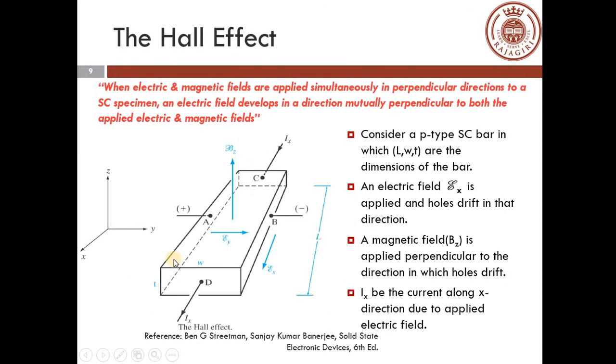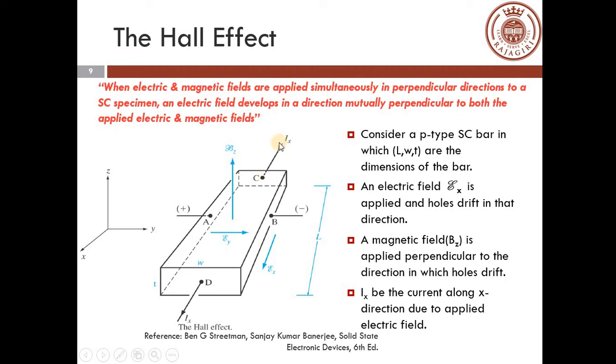So how do we explain Hall effect? Let us see the semiconductor material once again. An electric field epsilon x is applied in the positive x direction and the holes move in that direction. So now we apply a magnetic field Bz in a direction perpendicular to epsilon x. Because of the application of this magnetic field, the holes experience a force Vx into Bz in the negative y direction.